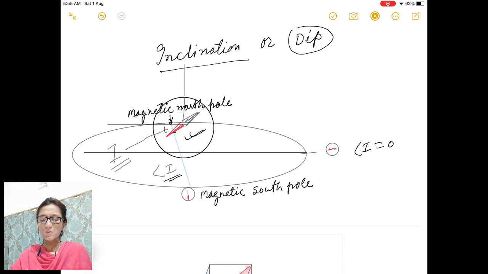Now when you reach either of the poles, magnetic south pole or magnetic north pole, you will find that the compass needle becomes exactly vertical at that point on the surface of Earth. So it is making an angle of 90 degrees. Here you have the horizontal direction and the needle is pointing in this way.